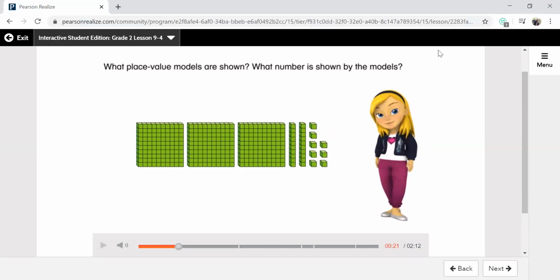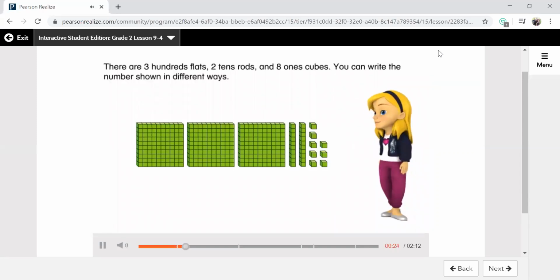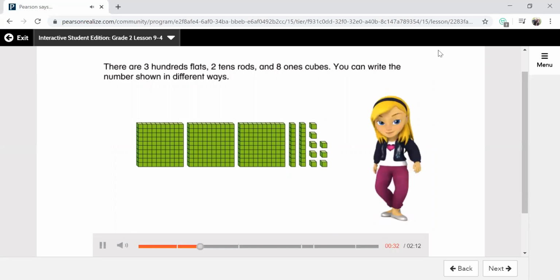So let's look and see what number is shown by the models. So you're counting them up. How many hundreds? How many tens? How many ones? 3 hundreds, 2 ten rods, and 8 one cubes. You can write the number shown in different ways.